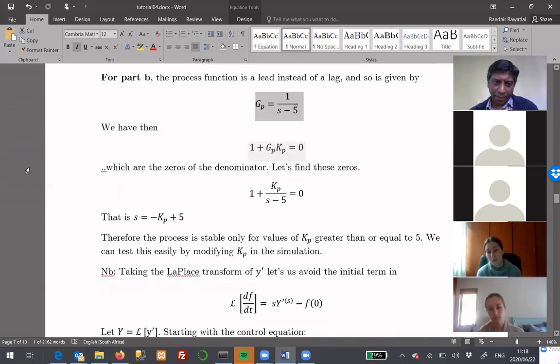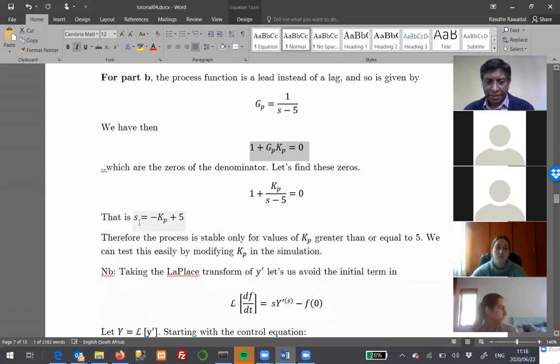If you apply that again in this equation, you will find now that the root is at minus Kp plus 5. This gives us a nice criterion, because it's telling us that if we want S to stay negative, then Kp has to be at least 5. If Kp is less than 5, then S can have a positive real part.